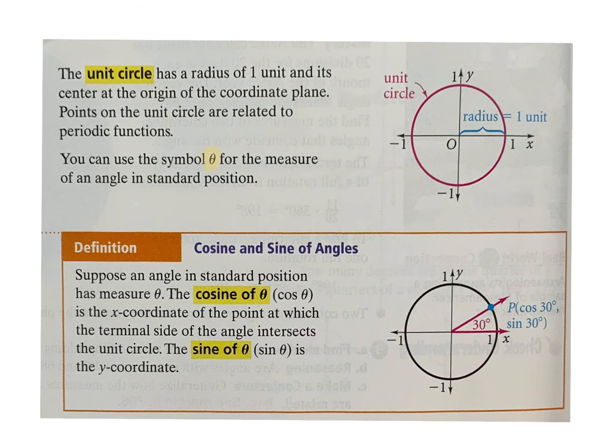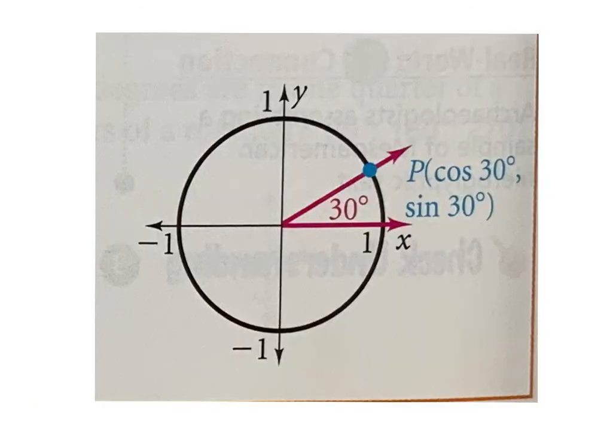Let's talk about why the cosine and the sine are what they are on the unit circle before we start moving around it. The cosine of theta is the x-coordinate. The sine of theta is the y-coordinate. Why would it be the x value?